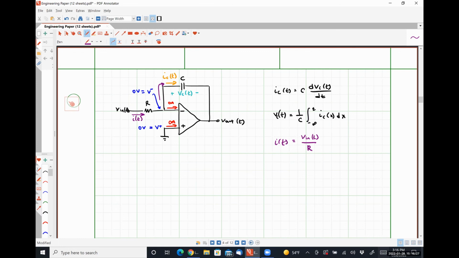What's the relationship between Vc, my capacitor voltage, and the output voltage in this case? Anybody dare to take a crack at it? Exactly right. Vc is negative V out. Does everybody see that? Okay. I'm going to write that guy down.